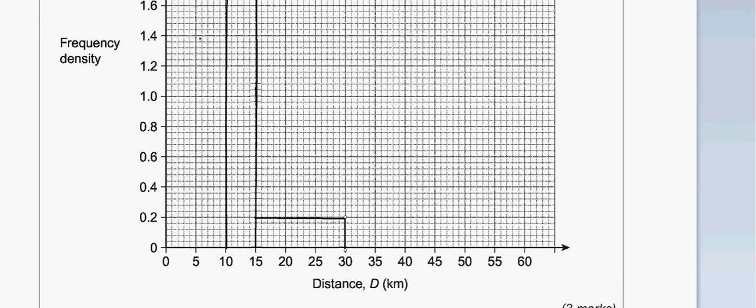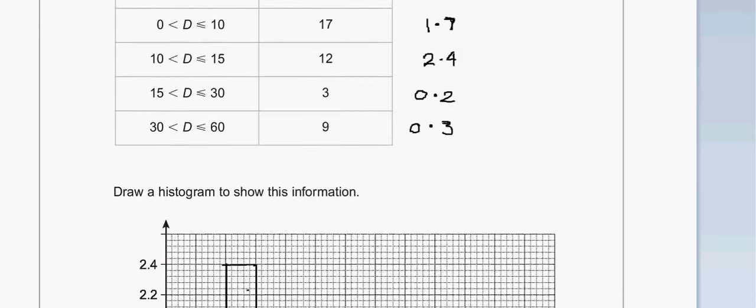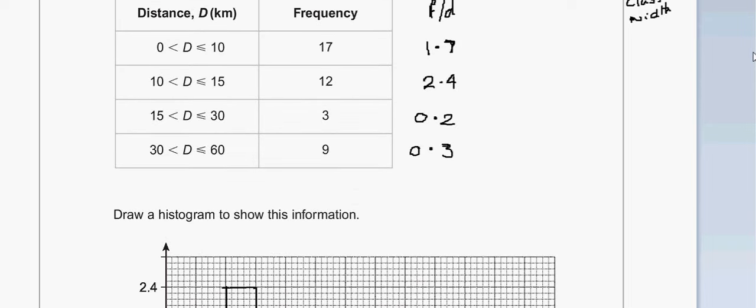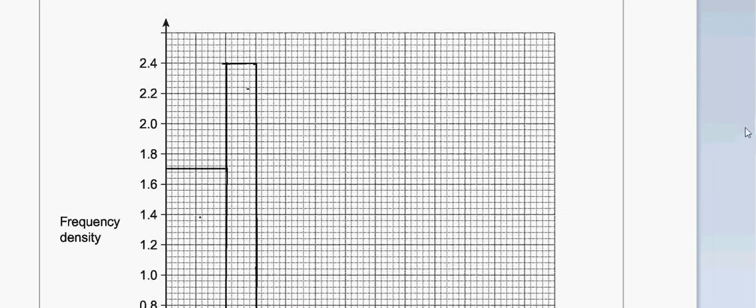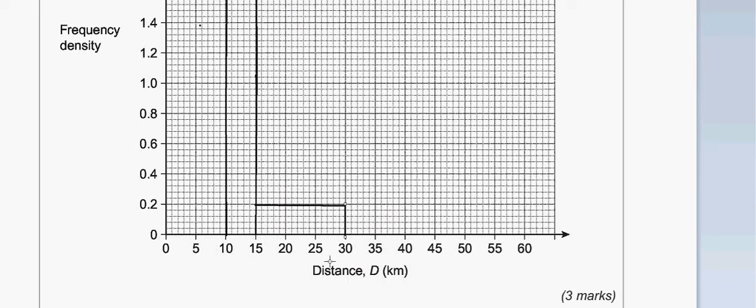And then the final one, 30 to 60, would be 0.3. Now 0.2, 0.4, so it's going to fall around there. And 30 to 60 is going to be about there.